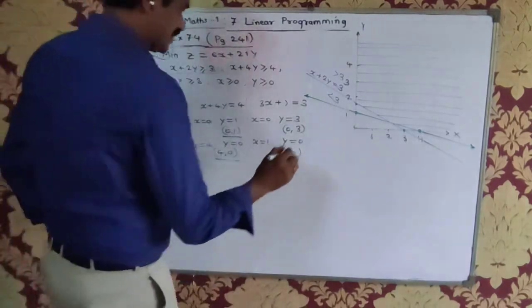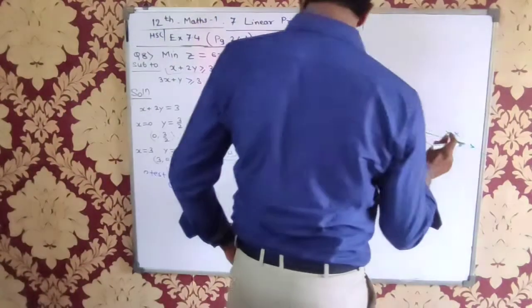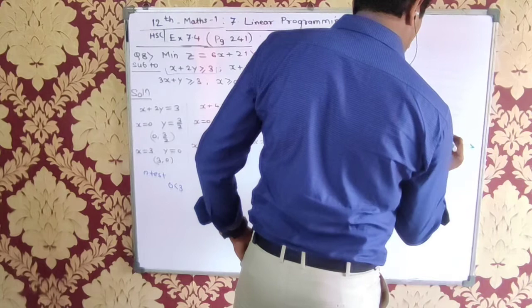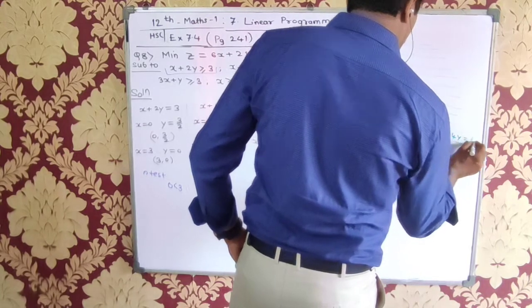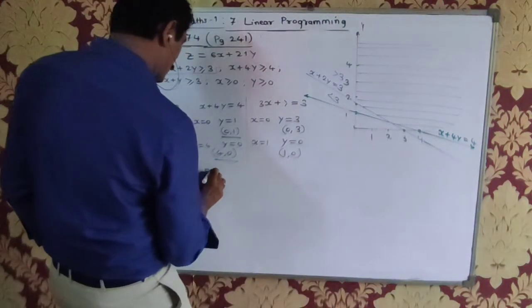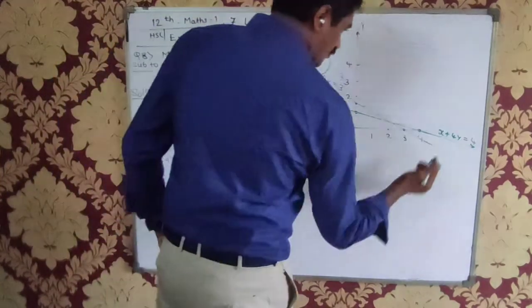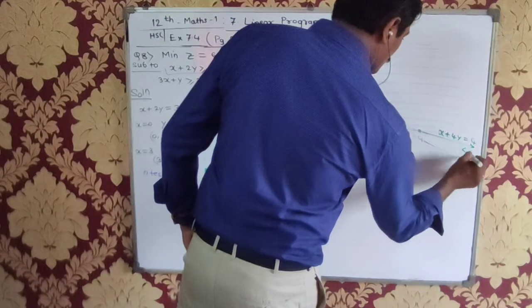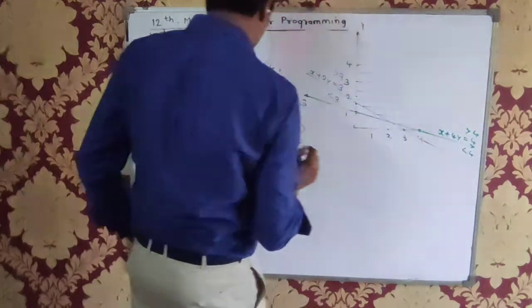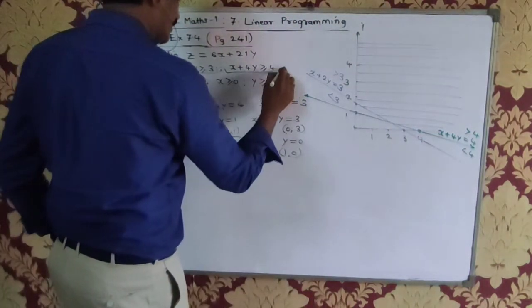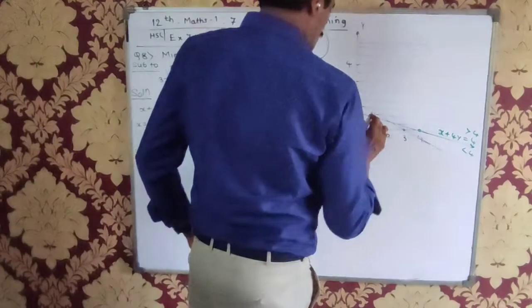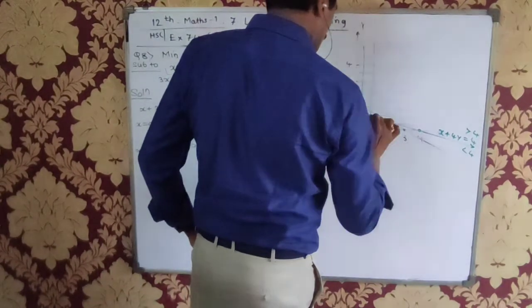The equation is x plus 4y is equal to 4. Origin test: 0 is less than 4. So below this it will be less than 4, above this it will be greater than 4, and we are looking for x plus 4y greater than or equal to 4. So on the line and above the line.